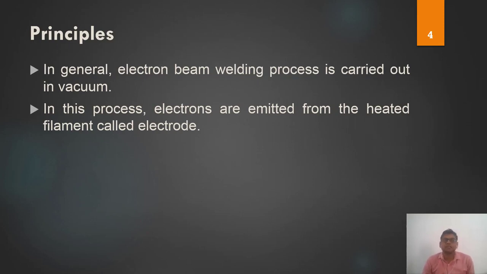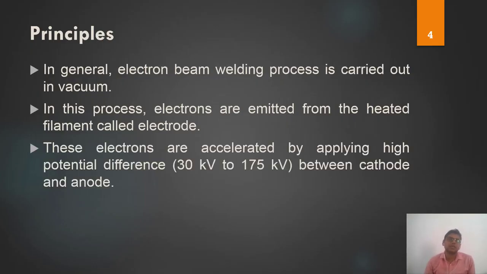You can use any method of heating, but generally electricity is used to heat that filament. When you heat the filament, electrons are emitted from there, and those electrons are accelerated by applying a high potential difference. How much potential difference?